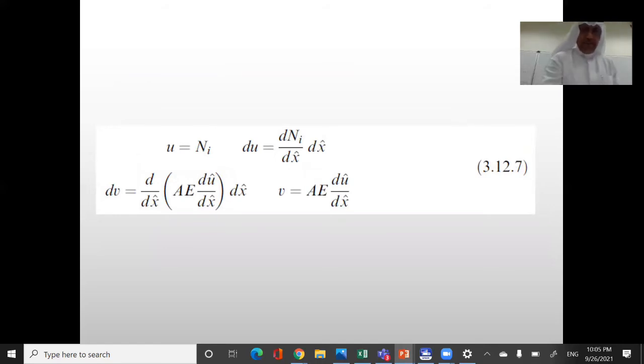I forgot about my pointer. But if this is u, this is du. And if this is dv, this is v. What to do next? Now you have u, du, dv, v. What do you do? Can you substitute in the formula?